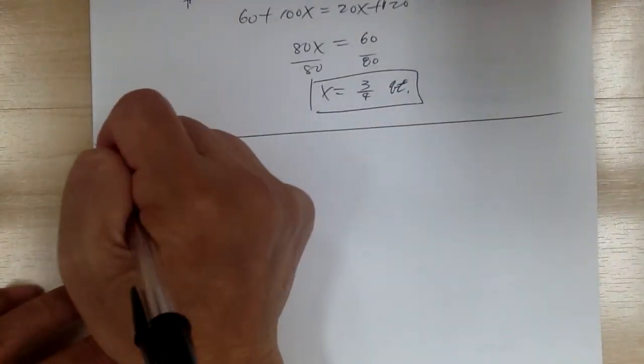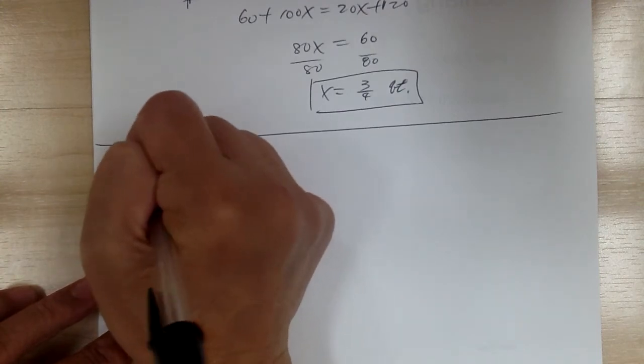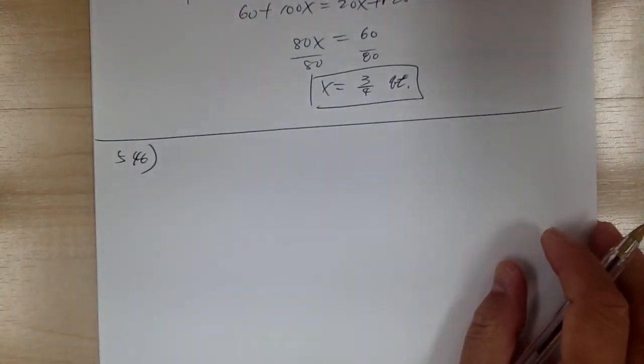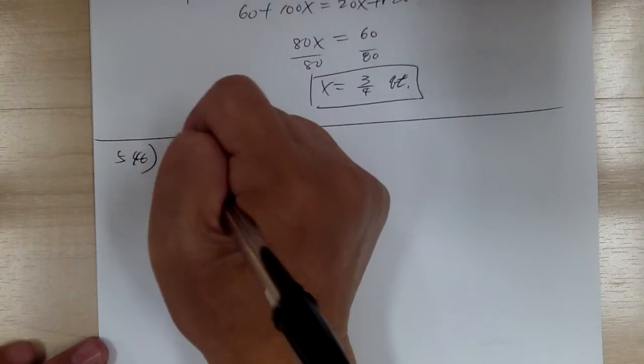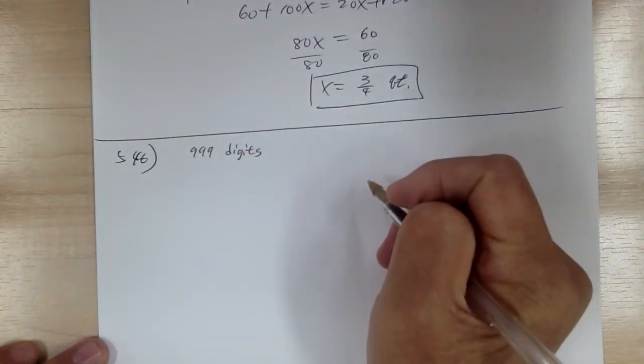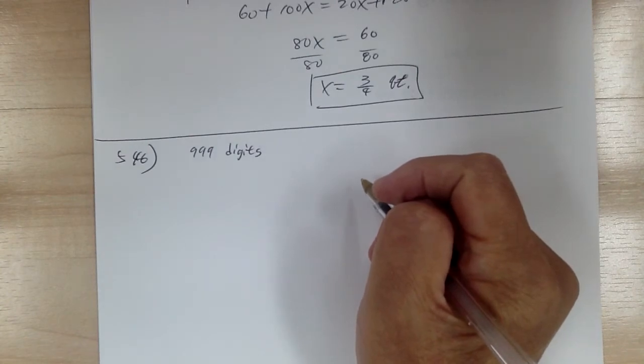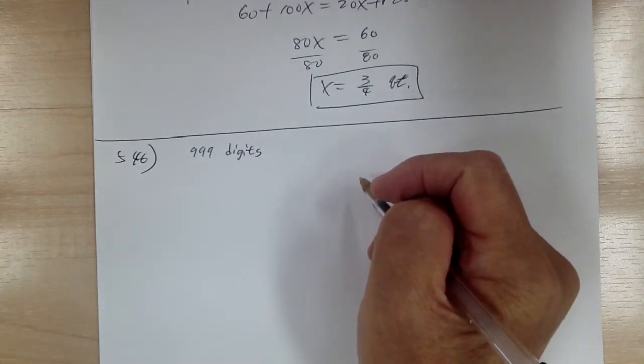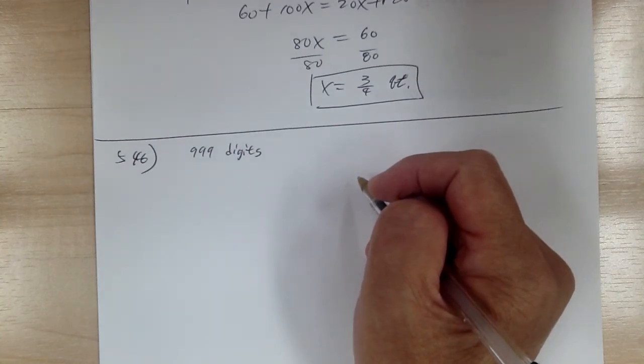Okay, let's go to 546. If you use 999 digits to write page numbers consecutively starting with 1, how many pages will you write?